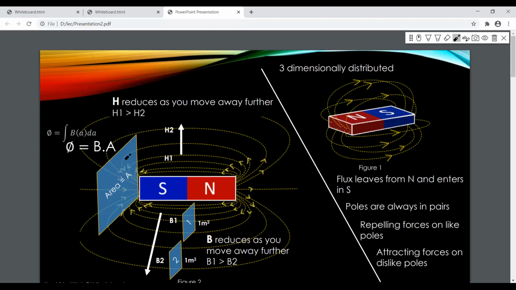If it is not constant, for instance, if at this corner the flux density is higher compared to this other corner, you have to use the continuous form of integration. In other words, a continuous form equation, which is going to integrate the flux density over the area. So in that case, you have to use this equation.